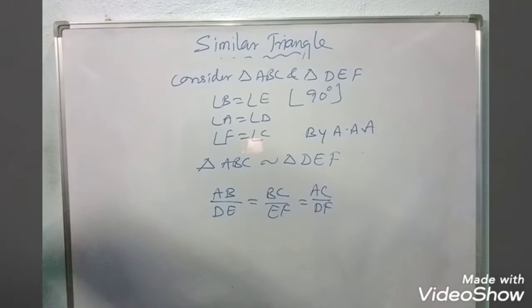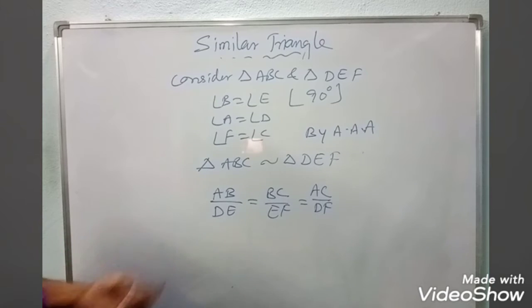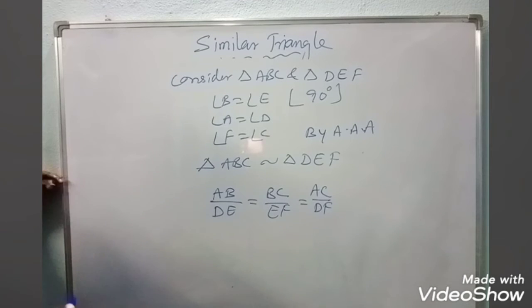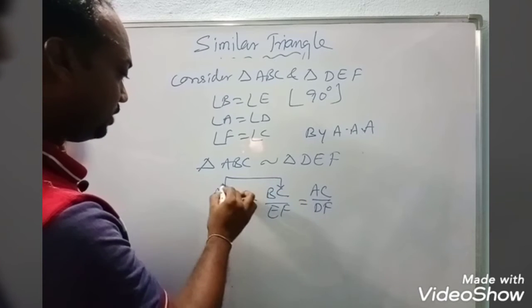Now here we have to find the height of the lamppost. So height of the lamppost will come in DE, right? Now which two sides are given here? Here we have AB side and BC. DE you have to find and EF is given to you. So I can consider these two ratios.